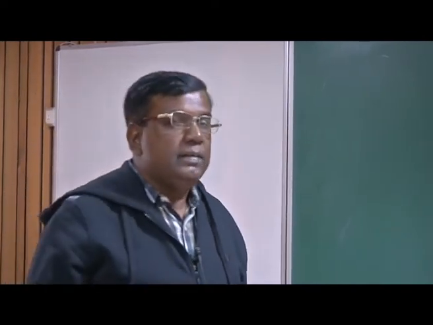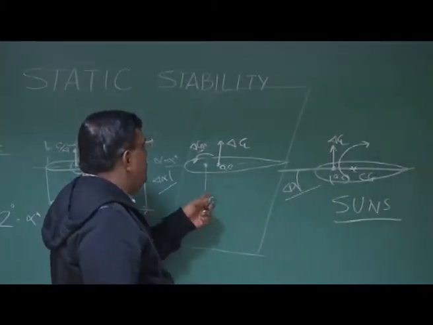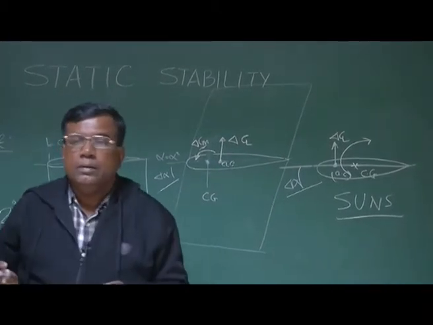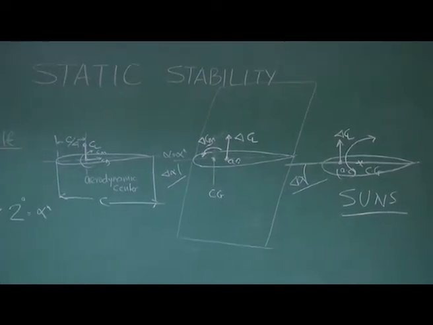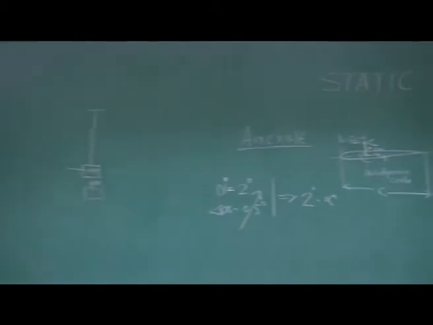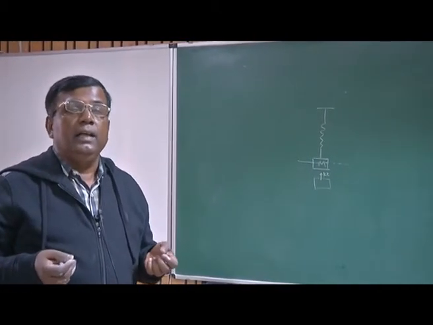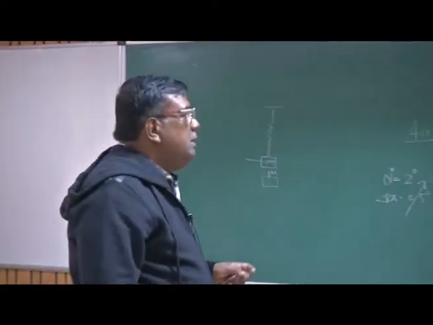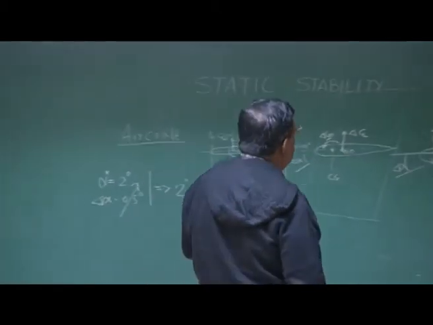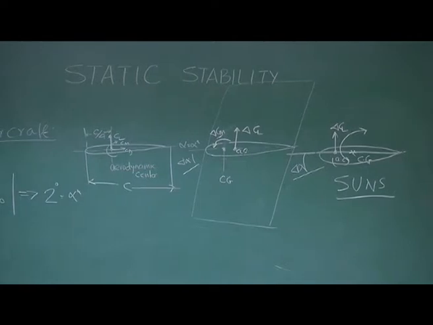So I can always say this separation between the aerodynamic center and center of gravity will have some similarity with the stiffness of the system. Like for a mass spring system, the spring constant K has some influence on the stiffness of the system. Okay, so this needs to be understood correctly before you again revisit my lecture on static stability.